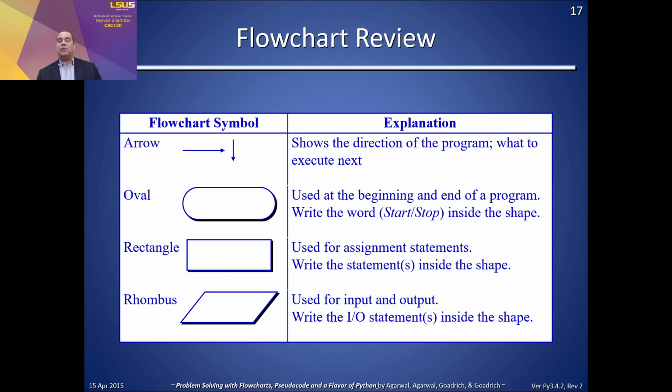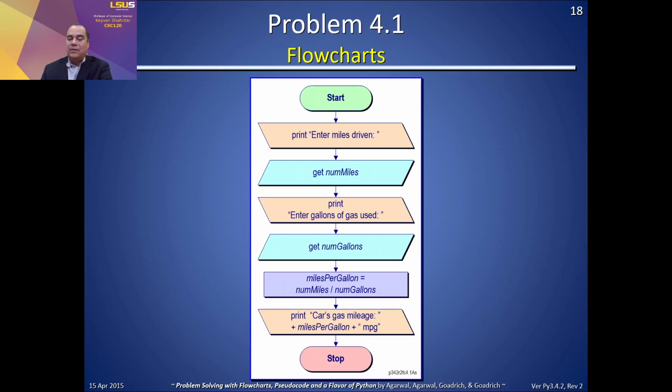Then, we want to create flowcharts as well, and we went over this before. You have the oval, the rectangle, and the rhombus. The rhombus is used for input and output statements, with the input-output statements inside the shape. So this is how the flowchart would look for the num miles and the num gallons. You see that?